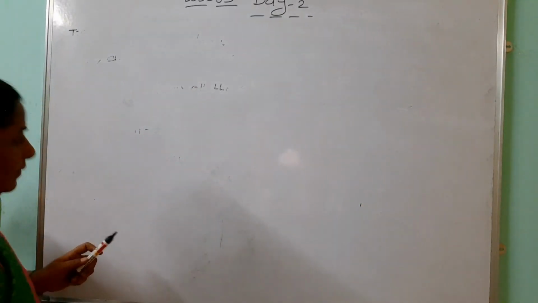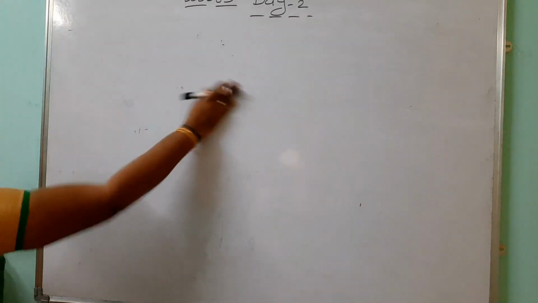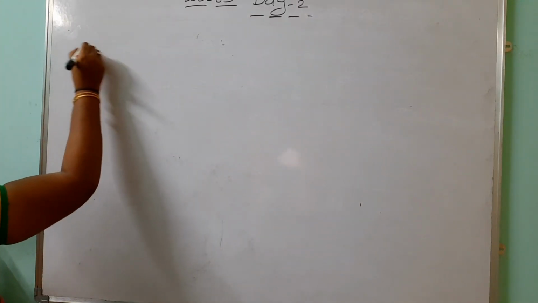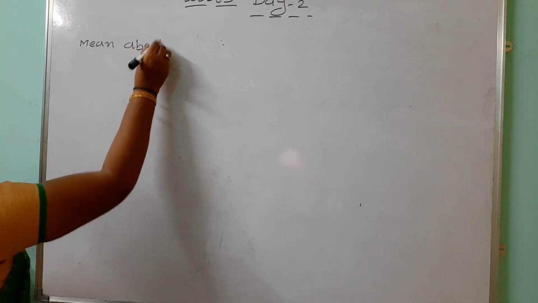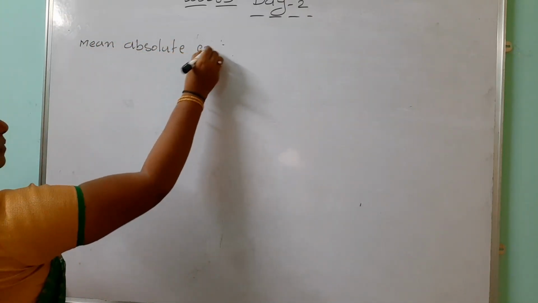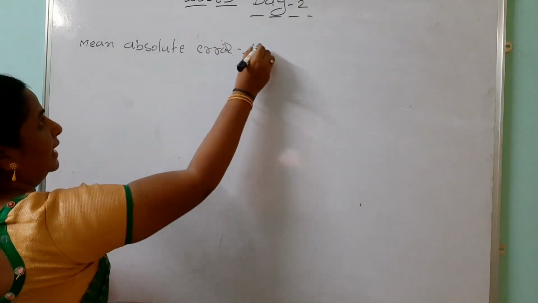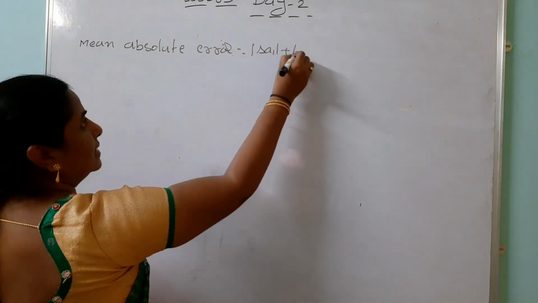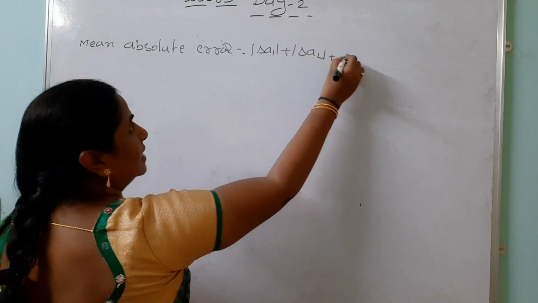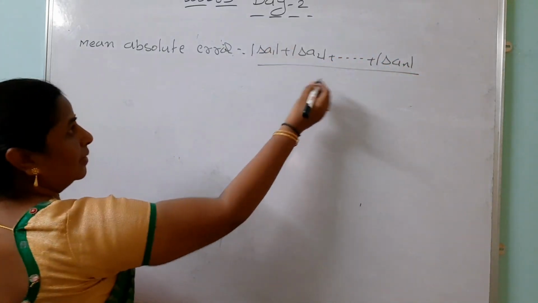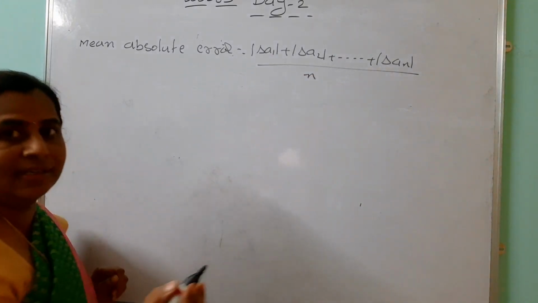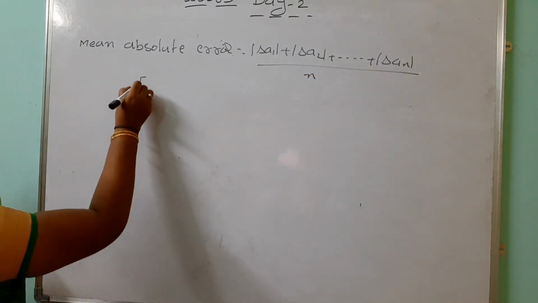Look here: mean absolute error equals delta A1 plus delta A2 plus and so on up to delta AN, divided by the number of quantities. How many are there? N.